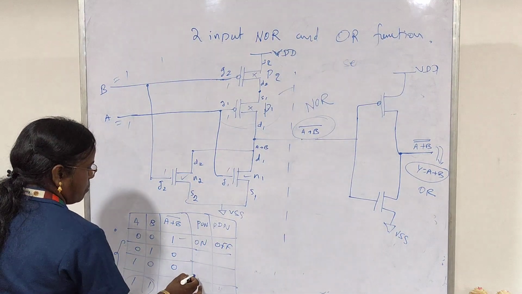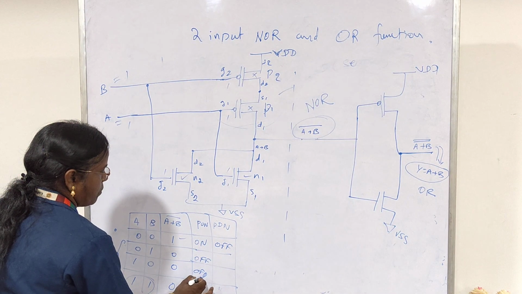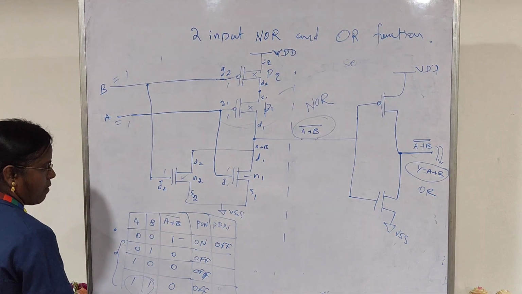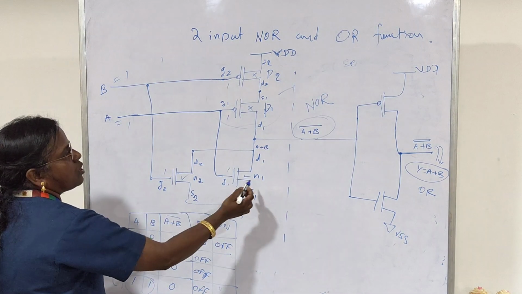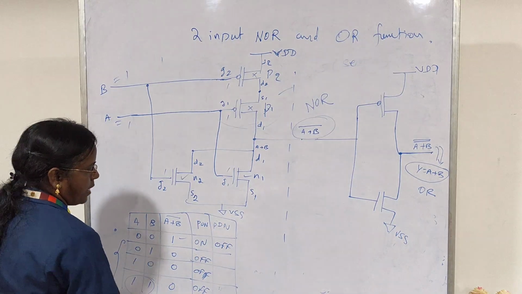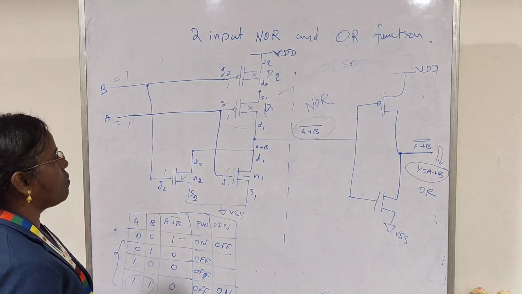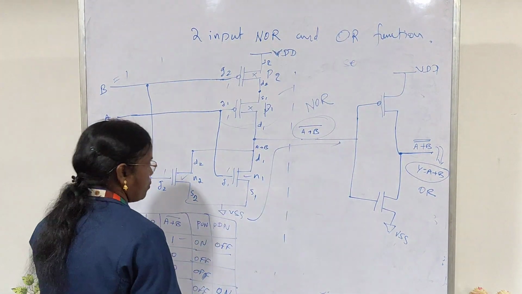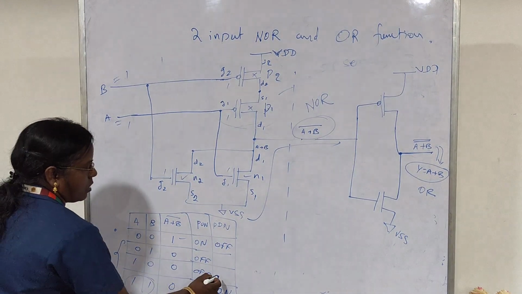Especially we are verifying this function for A value 1, B value 1. The pull-up network will be switched off, but consider the pull-down network. N1 and N2 receive logic 1 as the gate input, so both transistors will be switched on. Because of that, the VSS, ground potential, will be transferred to the output. So the output logic will become 0. It is applicable for all these configurations.